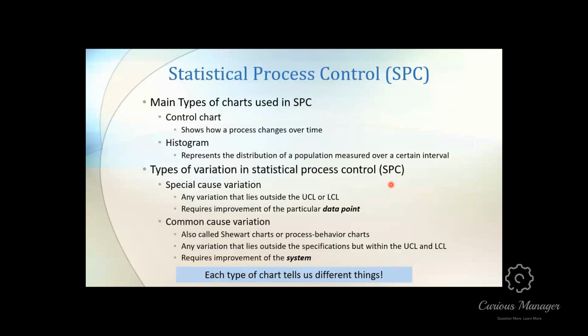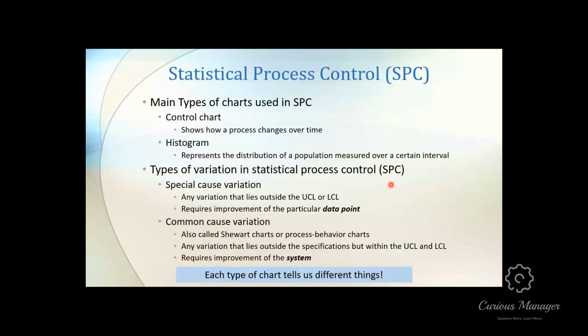When this occurs, if you focus on that individual data point, you are wasting your time in general. You may get some benefit, but basically any data point that falls between the upper control limit and lower control limit is working within the system boundaries. So in order to fix anything that falls within the system boundaries, the upper control limit and lower control limit, you must improve the system, not that individual data point.